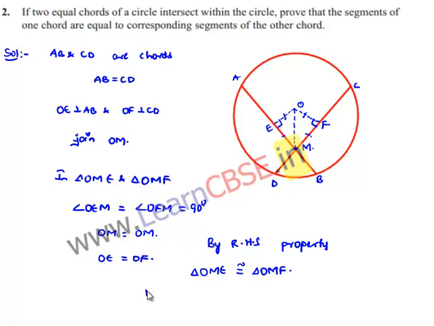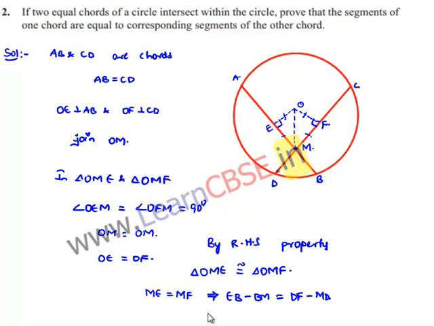Let us equate the corresponding sides, that is ME is equal to MF. That implies, instead of ME we can write EB minus MB, or BM, and that is equal to, instead of MF, DF minus MD.